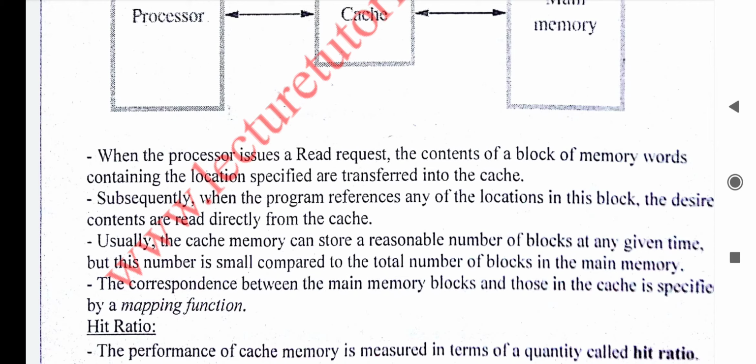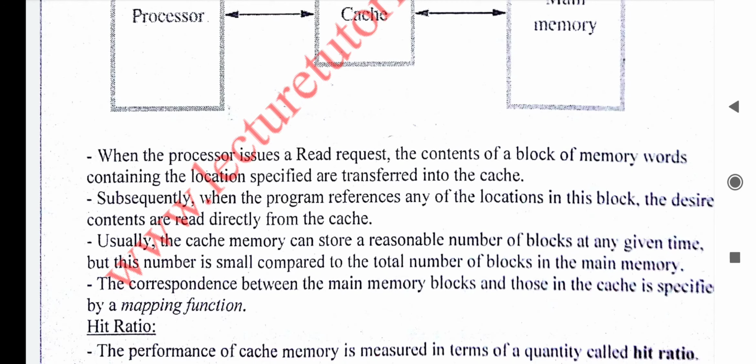Already I told you main memory is huge when we compare with the cache. Cache memory is a very small memory, and only very important and regularly used content is placed in it. The correspondence between the main memory blocks and those in the cache is specified by a mapping function.